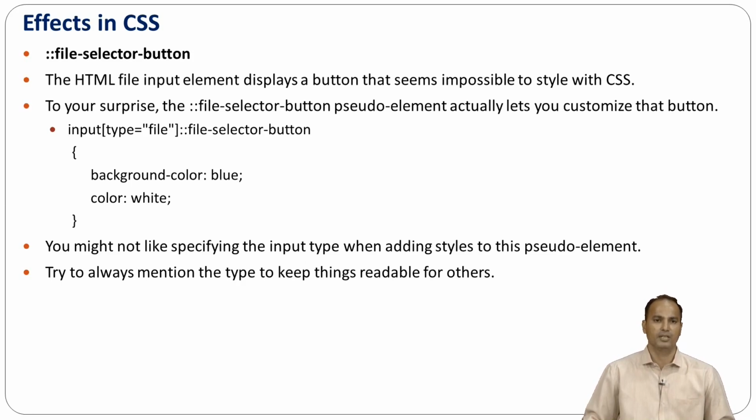The syntax would be input in square brackets, type is equal to file. Then we specify the pseudo element file selector button, and after that we can set properties like background color or even color: white. You can specify as per your requirement. You might not like specifying the input type when adding styles to this pseudo element, but try to always mention the type to keep things readable for others.